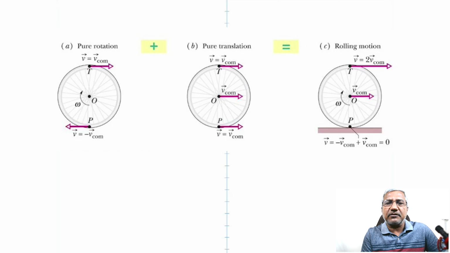Now we're looking at three different instances of this wheel or tire rotating. Number one, on the left side, imagine that the tire is just rotating in place, so it's not moving. It's like a bicycle which is kept on a stand and somebody is just pedaling, so the tire is rotating.